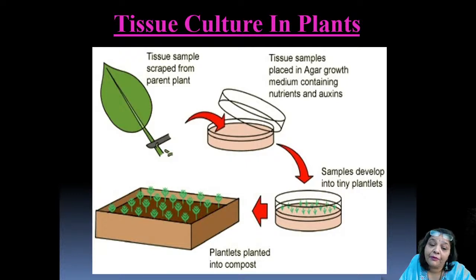Well, the other type of tissues are the meristematic tissues. These meristematic tissues are also totipotent cells, which can develop into any type of cells.